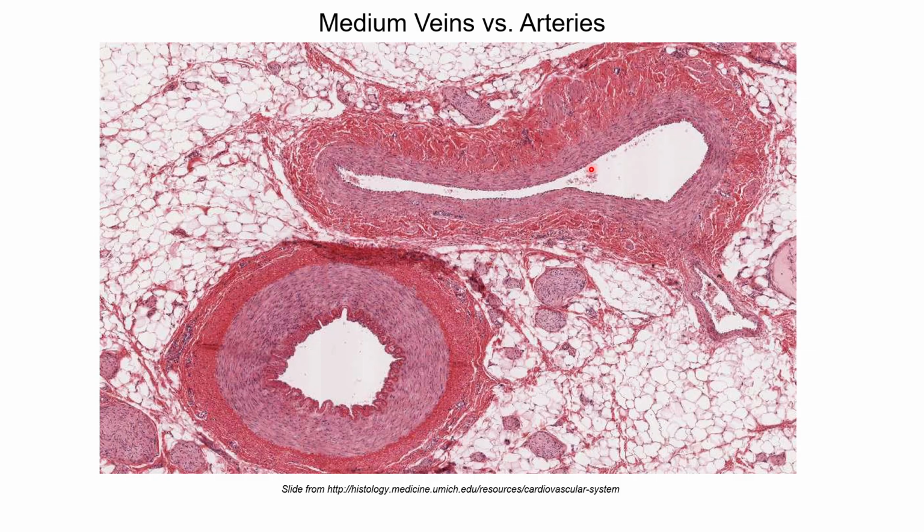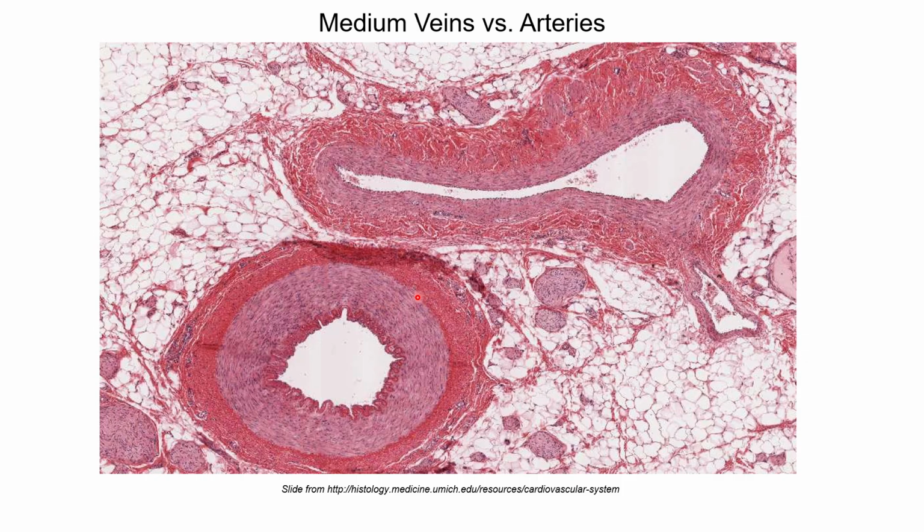This is a vein that has collapsed, doesn't have enough elastic layers to stay open like the artery, and you can see that the media is much thinner, fewer muscle layers, very little elastic laminae, while you have a larger adventitia.